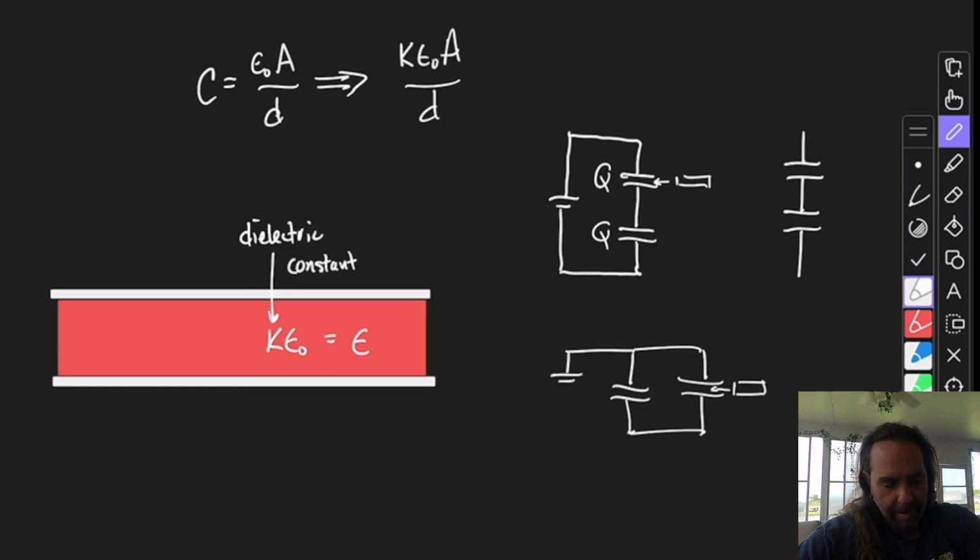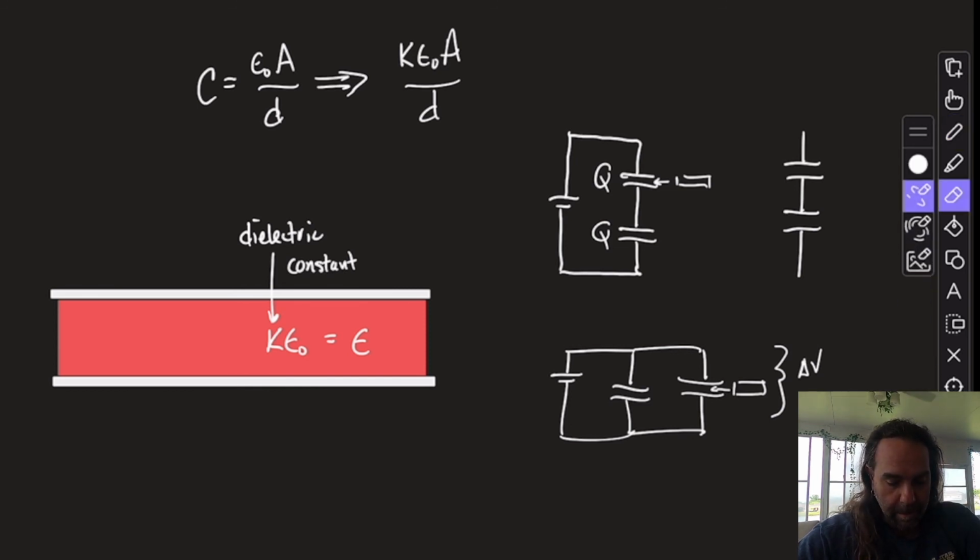Capacitors in parallel don't have to have the same amount of charge, but they do have to have the same potential difference. That's true whether there's an applied potential difference or not. And remember, if you charge up this system and then remove the potential difference, this suddenly does not become 2 capacitors that are in series.